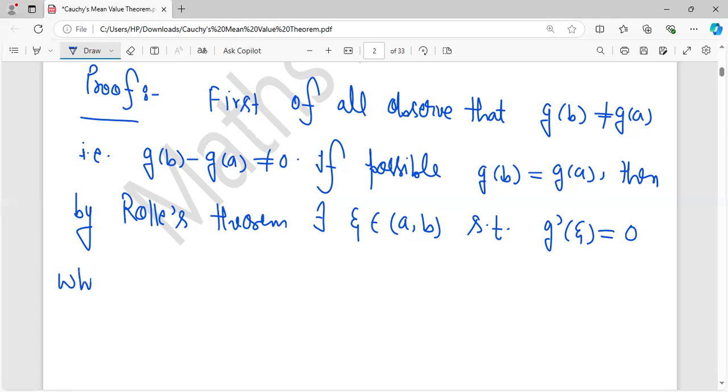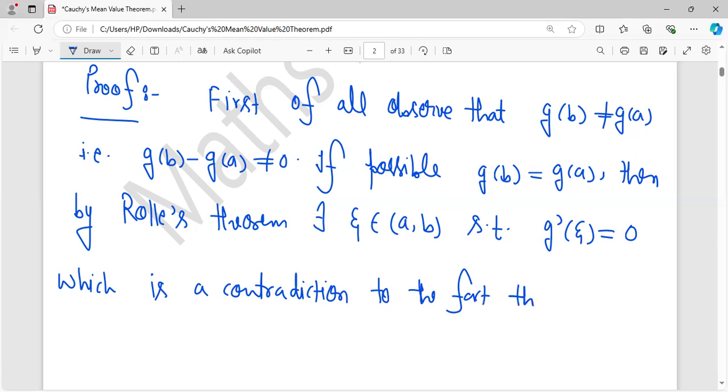It is a contradiction to the fact that g'(x) is never 0 for all x belonging to the open interval (a, b).